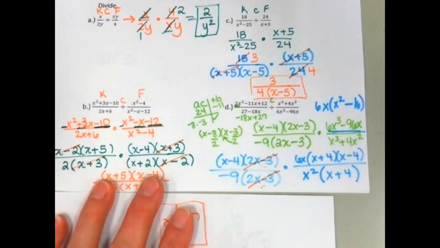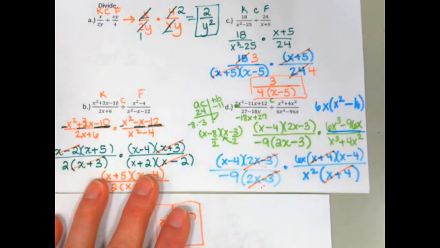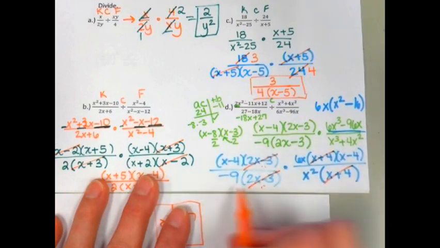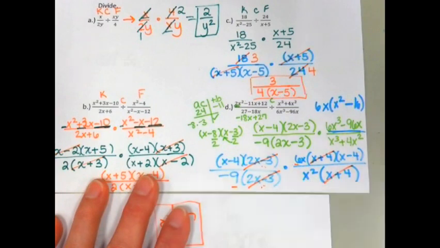What else do we see? X plus 4 is, yeah. Anything else? Well, they're both in the numerator, so can I simplify those if they're both in the numerator? No.